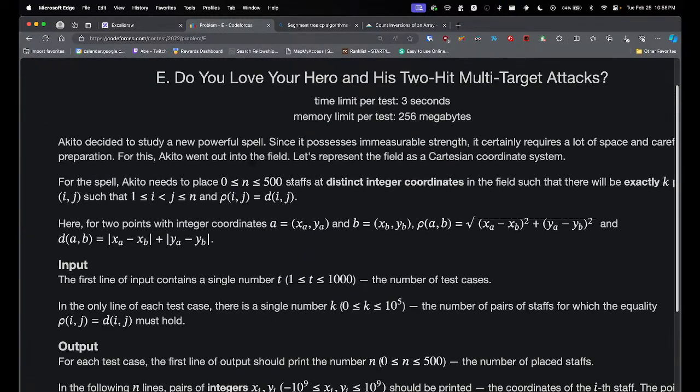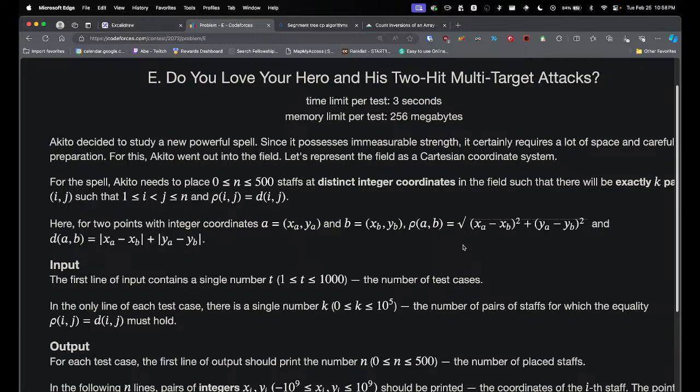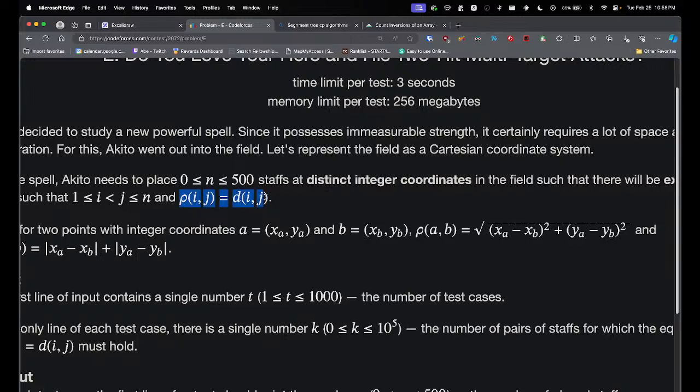In E, you want to place fewer than 500 points, basically flags, in a grid, a coordinate system. I need to place points such that there are exactly k pairs of i, j such that this is equal.